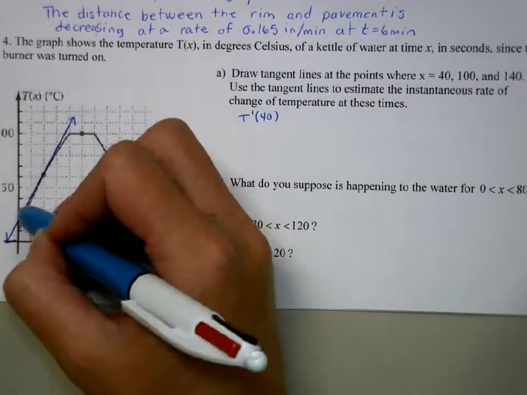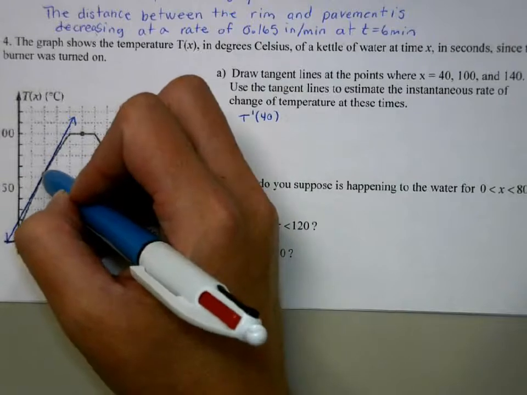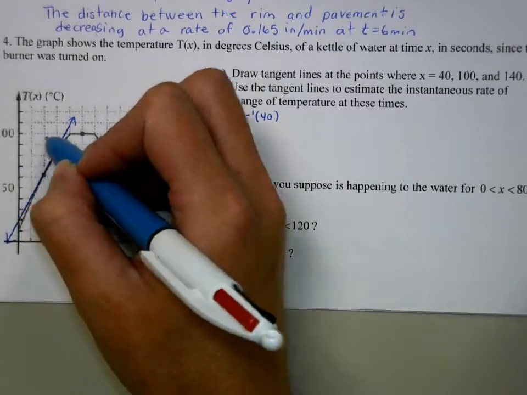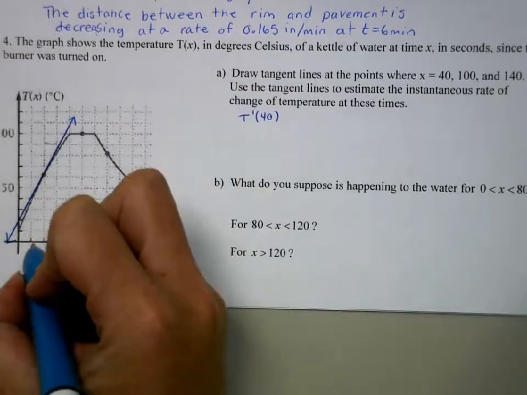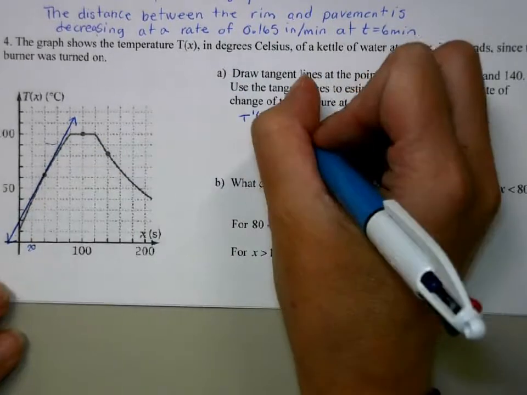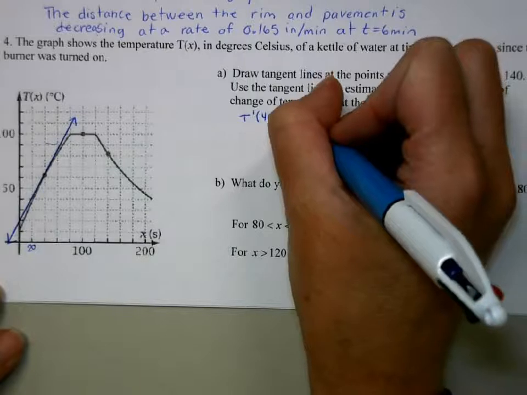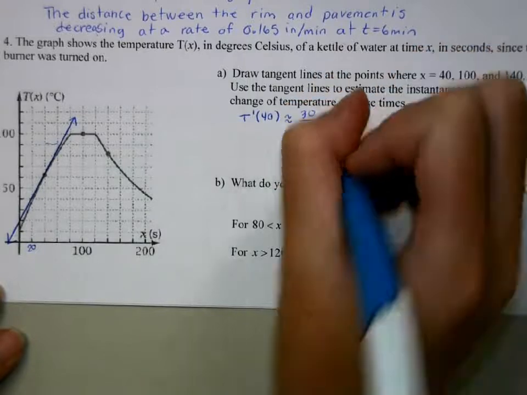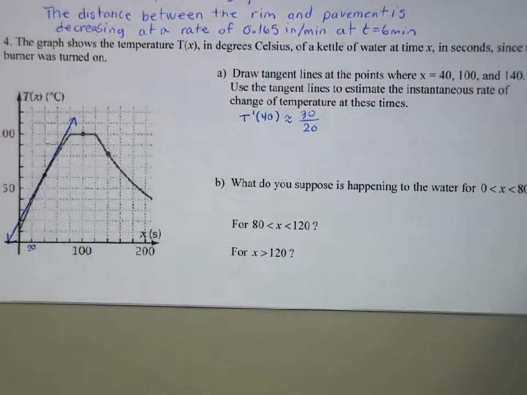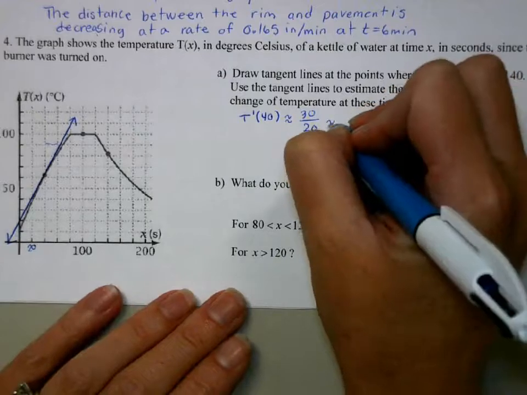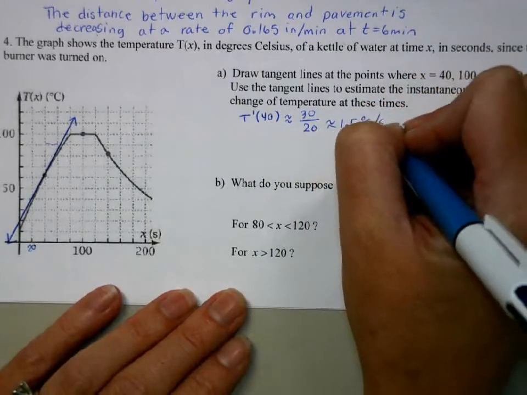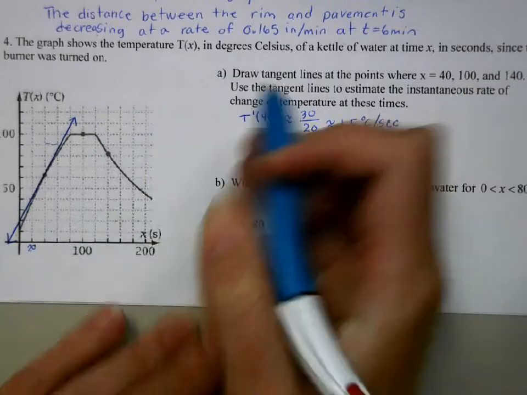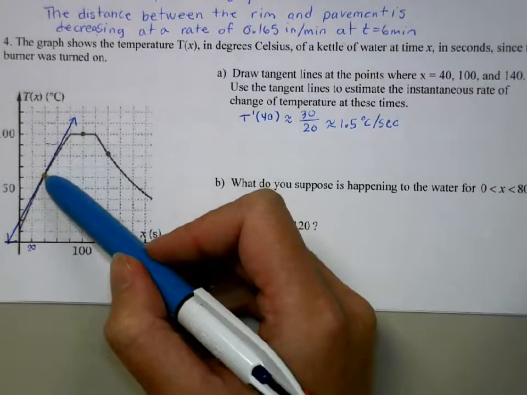So maybe we're going up 1, 2, 3, and over one block here, which is, these are each 20. So this is approximately equal to a rise of 30 over a run of 20. As long as you have something close, that's fine. So this is approximately 1.5 degrees Celsius per second. At that point in time, the water is heating up at that rate.